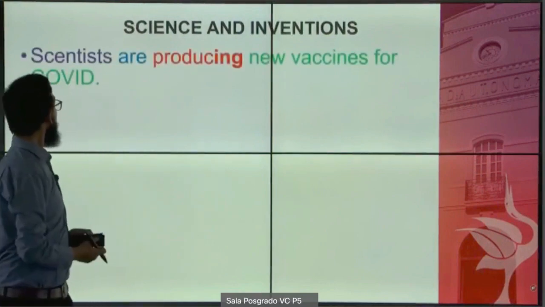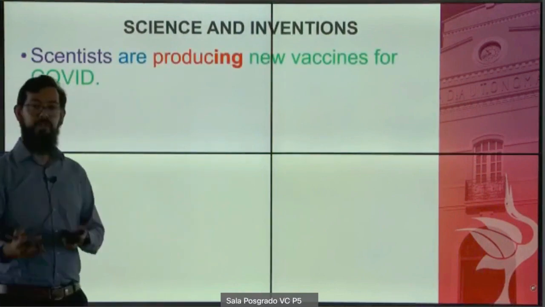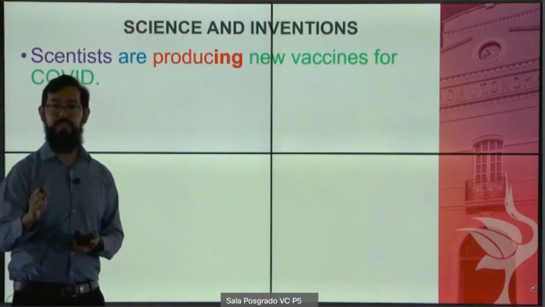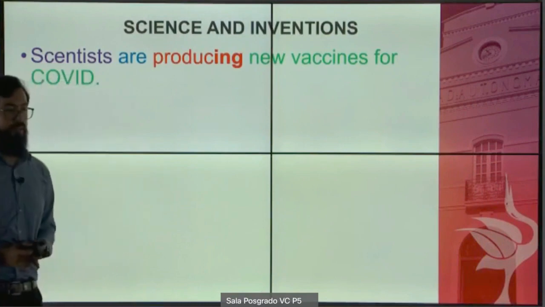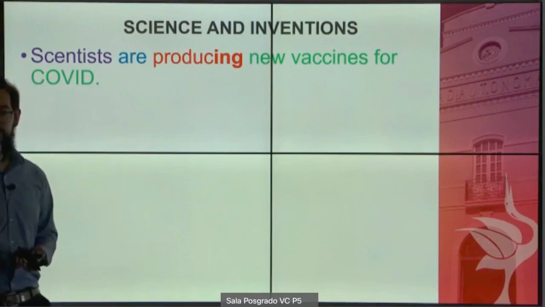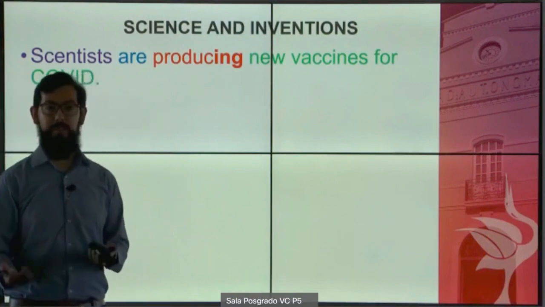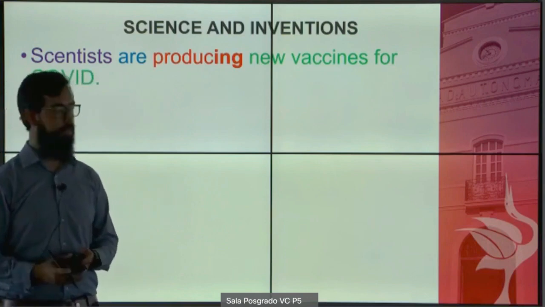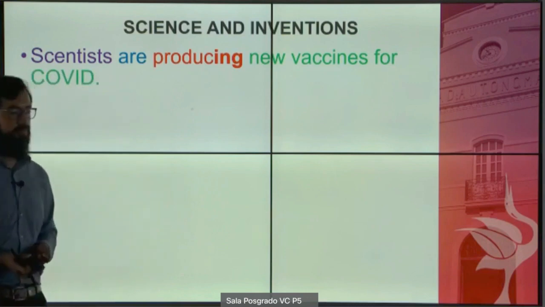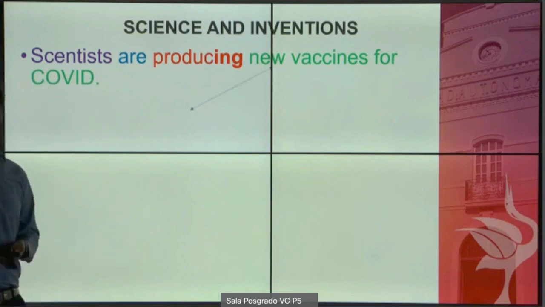Now here, how do we do the passive voice? This is the step-by-step in the passive voice. Scientists are producing new vaccines for COVID. Okay? This is what is happening right now. How do you change this to passive voice? Okay, let's see. New vaccines for COVID. This is the object of the sentence.